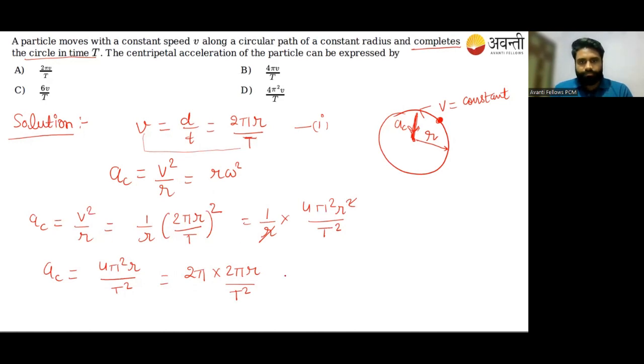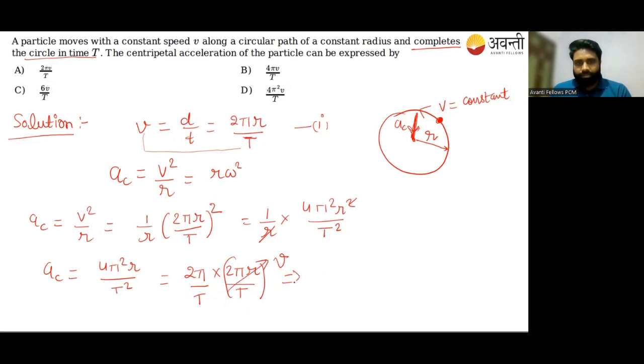So here it is nothing but this 2 pi r by T, and one power of T came here. This 2 pi r by T is nothing but velocity. It is speed or velocity, you can say.